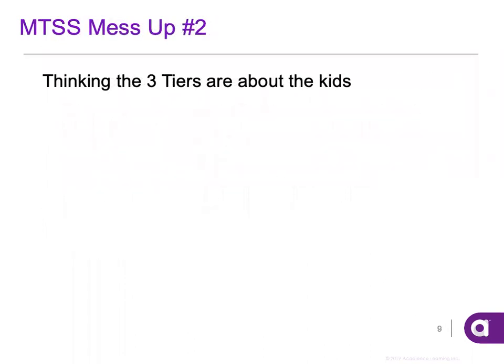So let's talk a bit about what I'm calling mess up number 2, thinking that the 3 tiers are about the students. There are two ways that I hear people talking about this that represent for me a missed opportunity. One is talking about the 3-tiered model, which we sometimes represent with color coding: green for tier 1 instruction, yellow representing tier 2 instruction, and red representing tier 3.